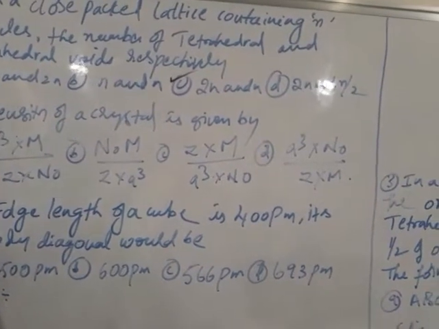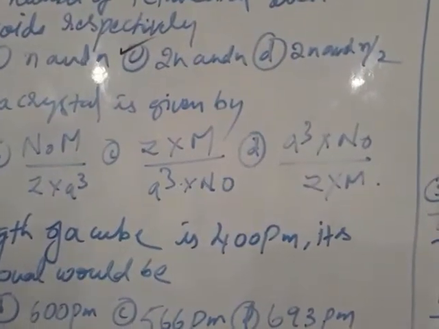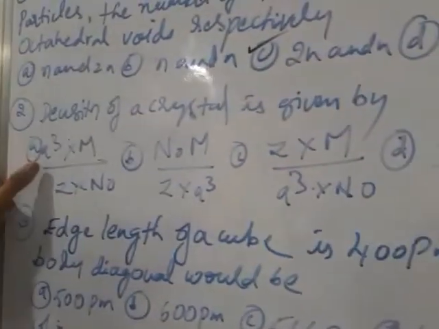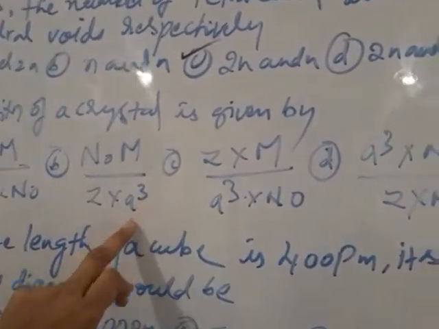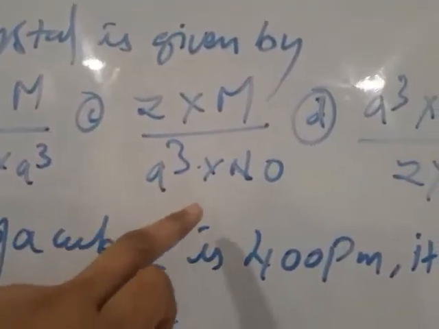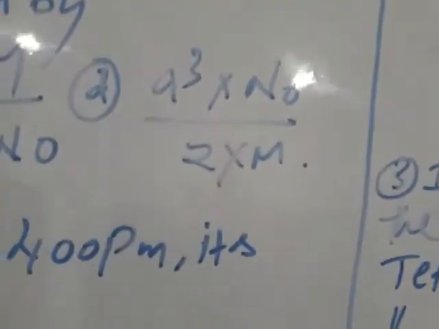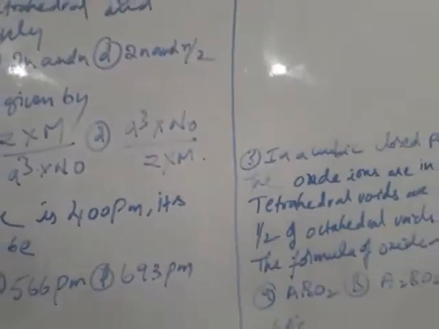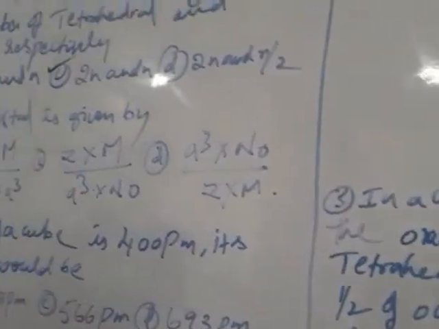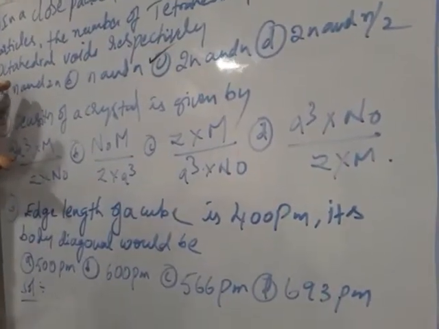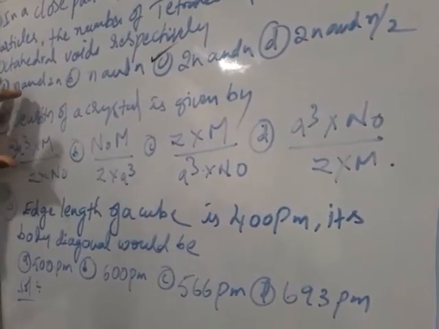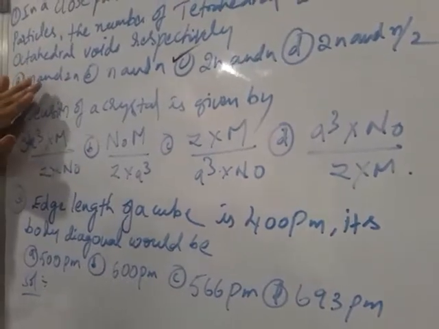is given by the density formula, Z into M by a cube into N naught. So the density of a unit cell is calculated from the number of particles present in the unit cell and also the edge length.